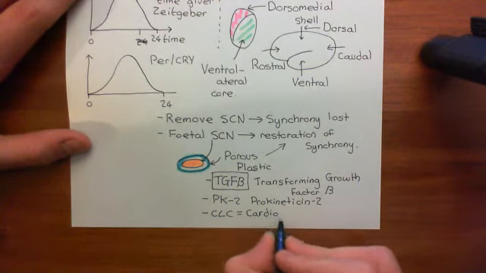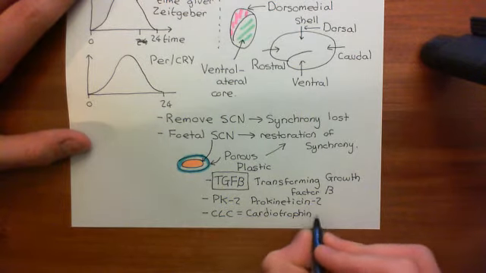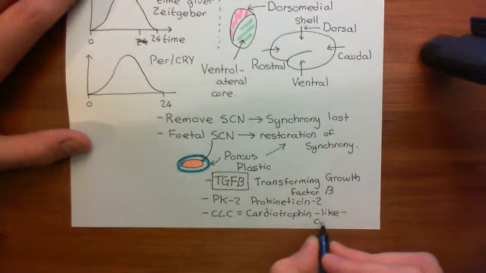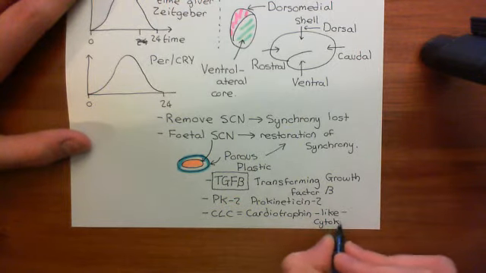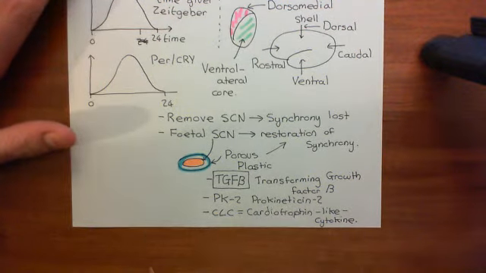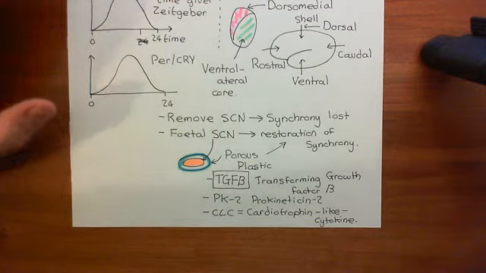So the first C is for cardiotrophin, then the L is for like, and the second C is for cytokine. So all of these molecules stand as potential molecules that could be involved in this signaling from the suprachiasmatic nuclei to the other cells of the body to tell them what time it is.